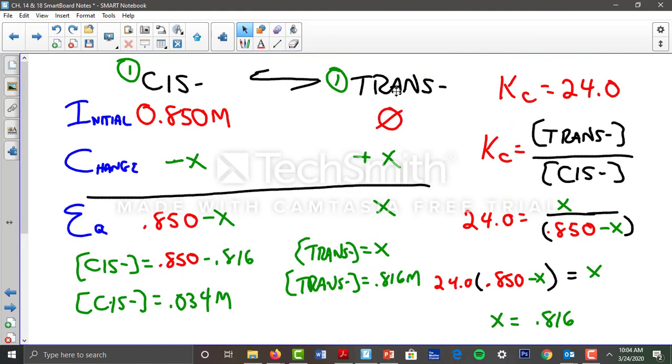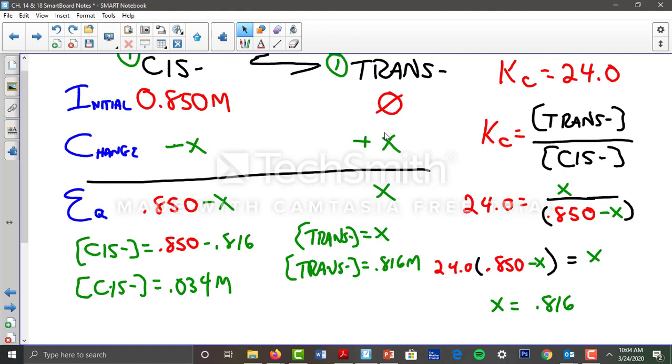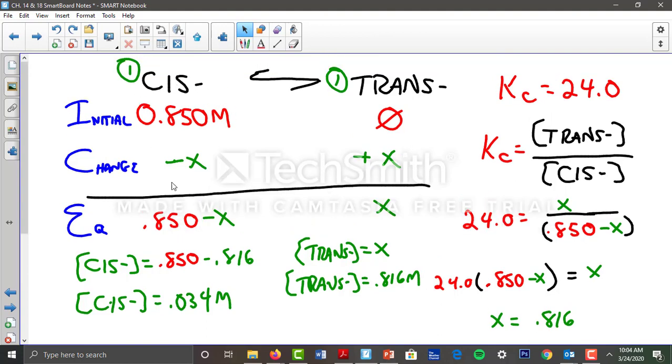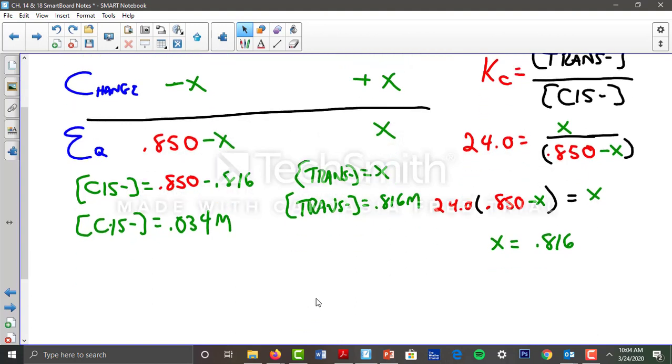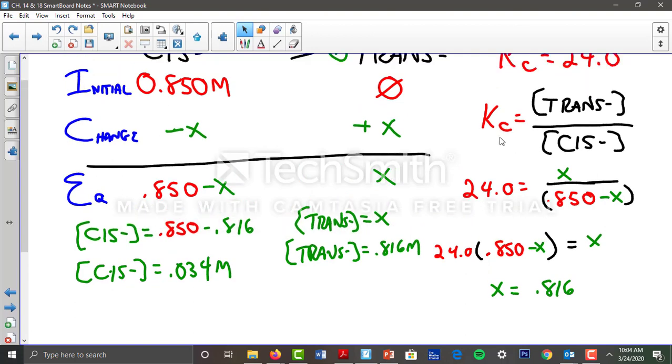And the trans just went up the equal amount that this went down because it's a 1-to-1 ratio. So for every mole of cis that was decomposed, you got a mole of trans produced. So because this went down 0.816, this went up 0.816 to a final amount of 0.816. So that's how we would use the ICE method.